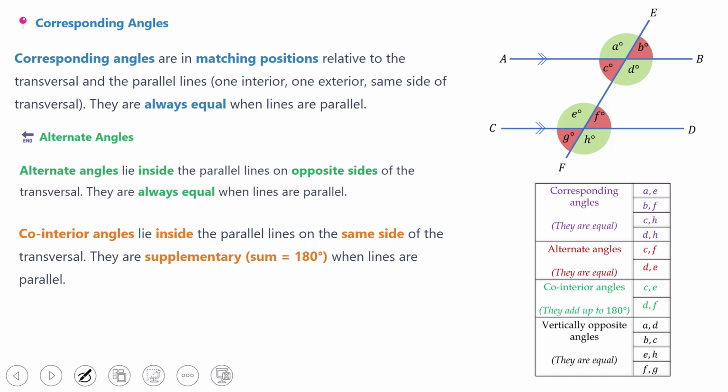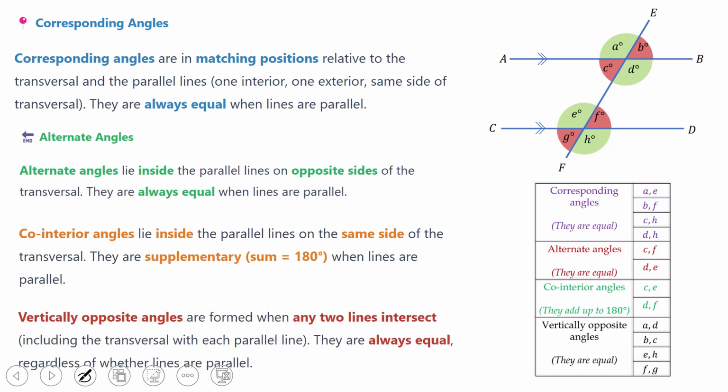Then the last one, it is not really related to the parallel lines, but it's also helpful in this case. Vertically opposite angles. These are angles that are formed by any two lines that intersect. So if I have two lines, and if this angle over here is A, then this should be A. That is basically what vertically opposite angles are.